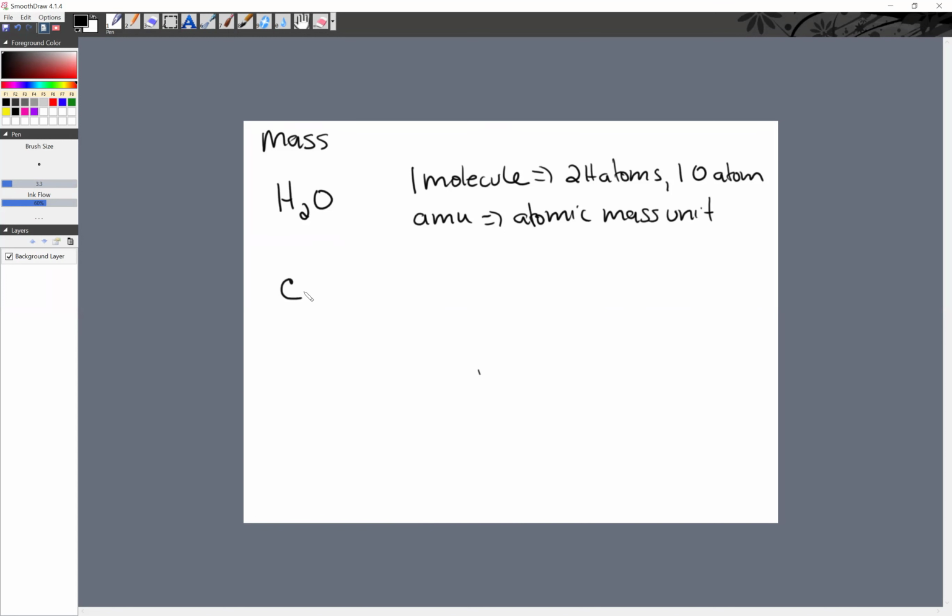Where did that come from? Well, we took a sample of carbon-12 and we used it as our reference point. And we divided it by 12. So in comparison to carbon-12, one atomic mass unit is a 12th of that. And that's what is assigned to all of the elements on the periodic table. So if you're looking at your periodic table, hydrogen is technically 1.